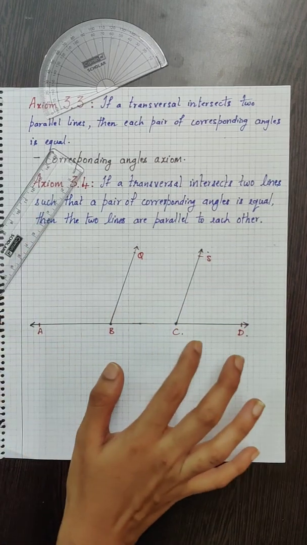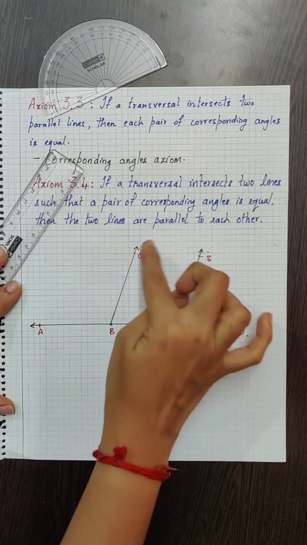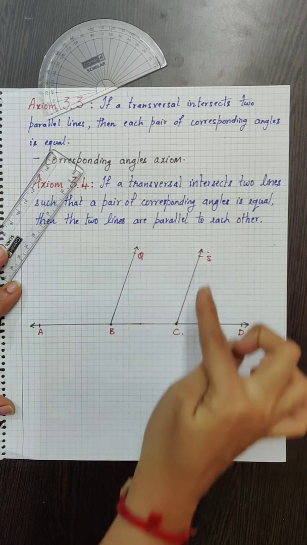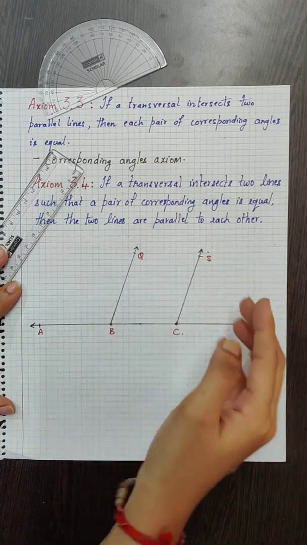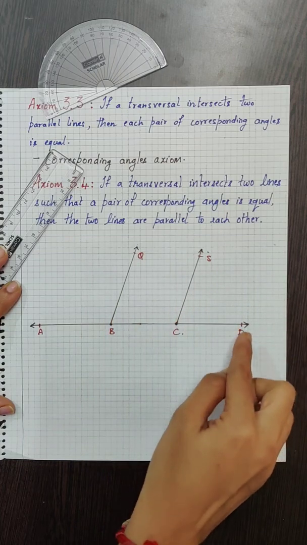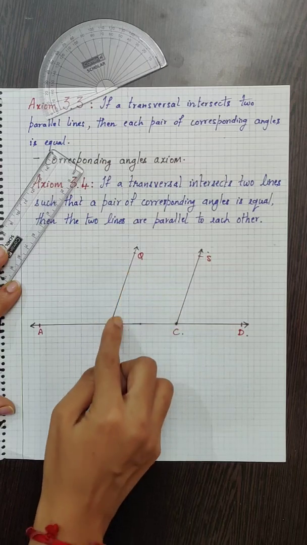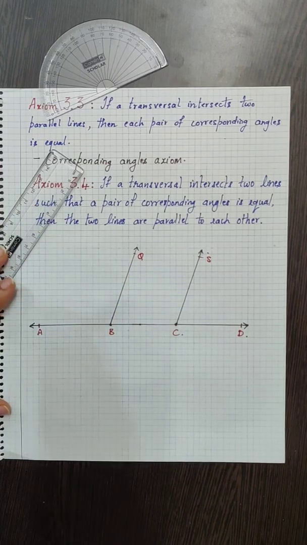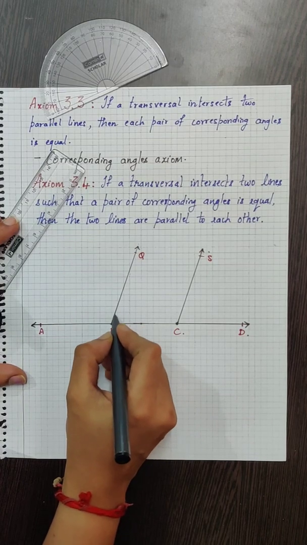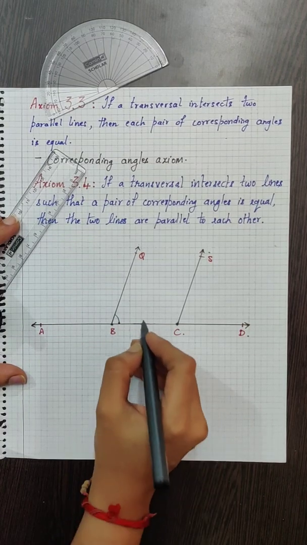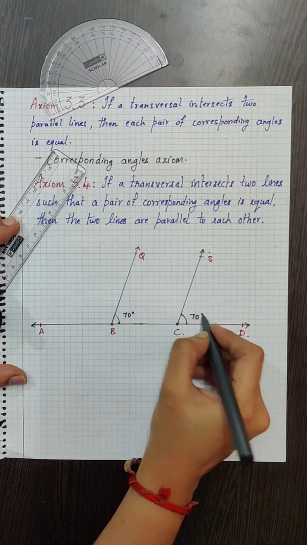Now I drew these two rays in such a way that the angle ABQ and angle BCS, or if we take the right hand side, angle DCS and angle CBQ are equal. So I drew it in such a way that this angle is 70 degrees and this angle is 70 degrees.